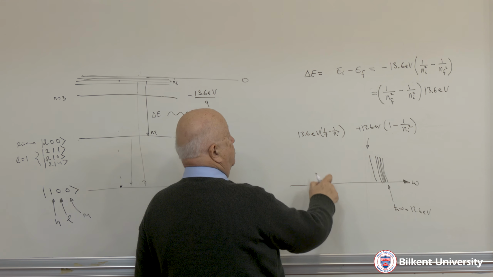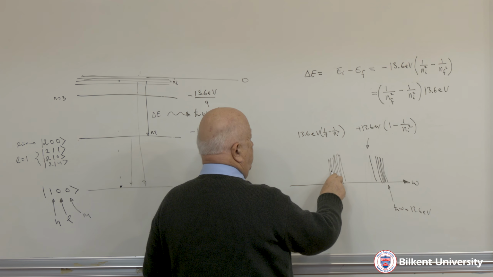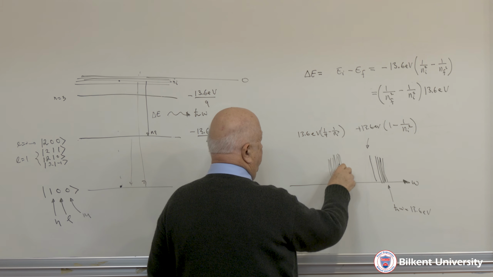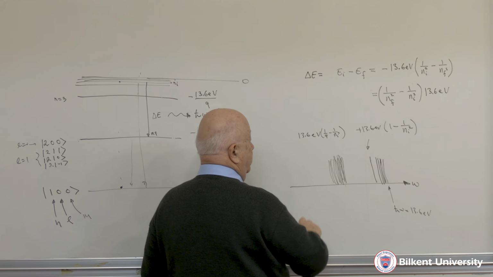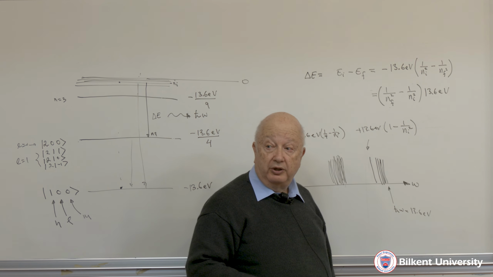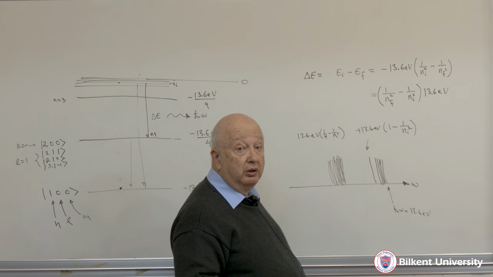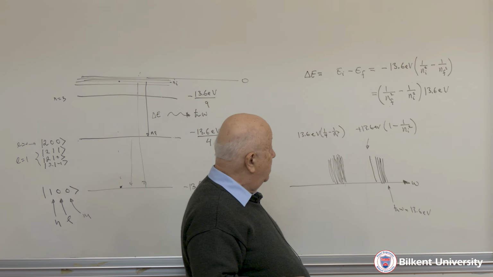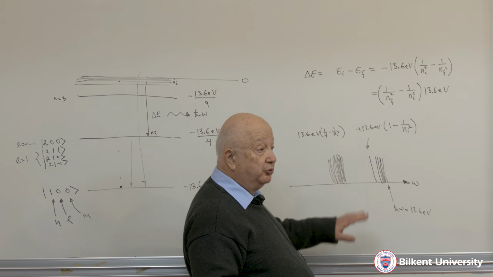Depending on what n_i squared is, I'm going to get a series of lines here, again accumulating more towards the right because there are more higher energy initial states. So I get a whole bunch of lines like that. That's the structure of the spectrum that you get.